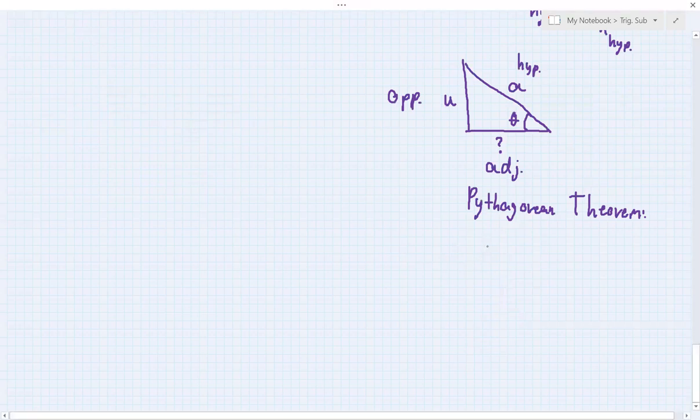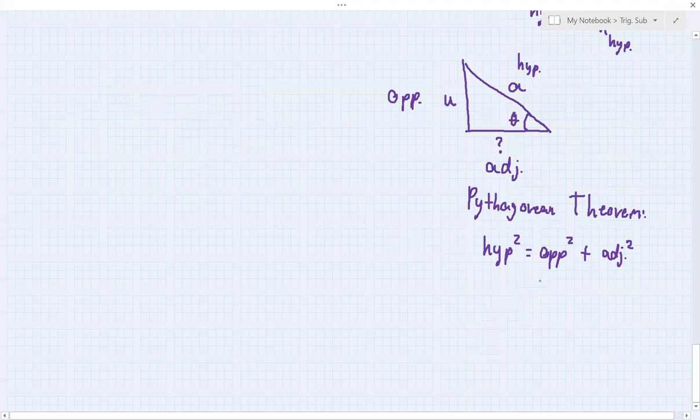Where the hypotenuse squared is equal to the opposite squared plus adjacent squared. So, how can we get the adjacent? Let's move the opposite to the other side. So, we will have hypotenuse squared minus opposite squared is equal to adjacent squared.